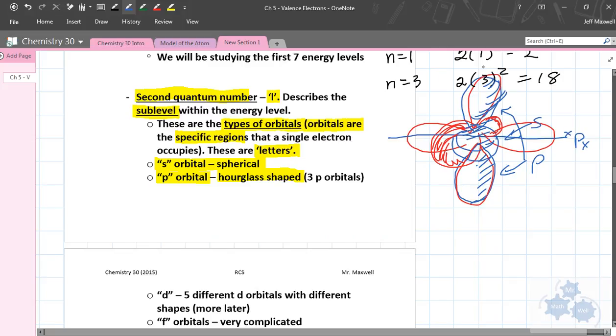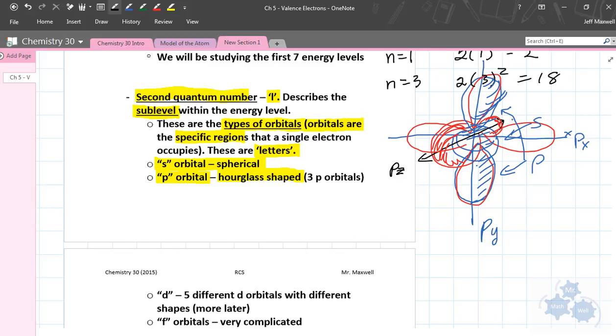This one here would be the py orbital, the one that's oriented along this y-axis. And then the one that goes in and out like this, that's the pz. So x, y, and z. So it's the z-axis there, coming in and out. So if you think about the screen there, right? We have x sideways, we have y straight up and down, and then we have the z coming straight out from the board, right? And then going back into the wall as well.